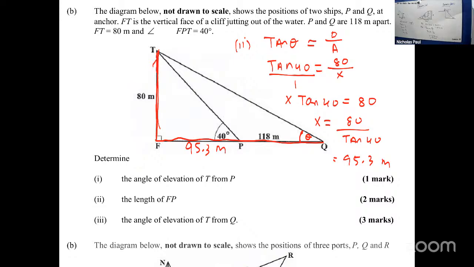Because you have the opposite and adjacent, that's theta. So you're using tan theta is equal to opposite over adjacent.